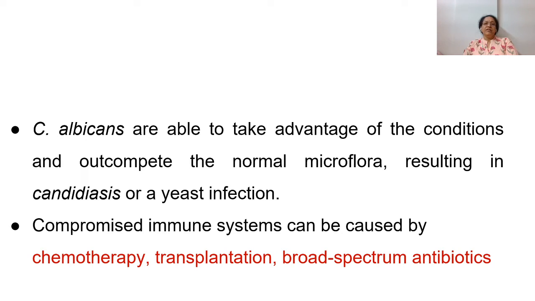So here, such a condition is mainly observed in certain conditions like prolonged antibiotic therapy. Antibiotics are used for the treatment of certain bacterial diseases, because of which whatever normal flora of the gastrointestinal tract there is gets destroyed because of prolonged antibiotic therapy.